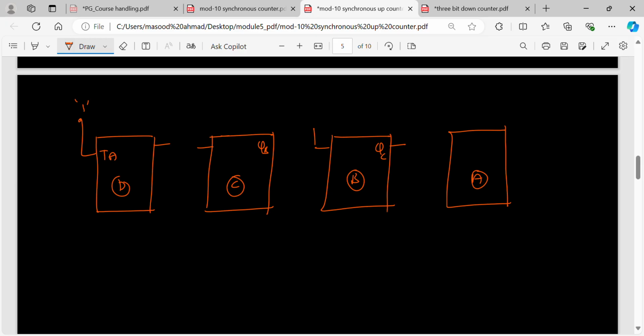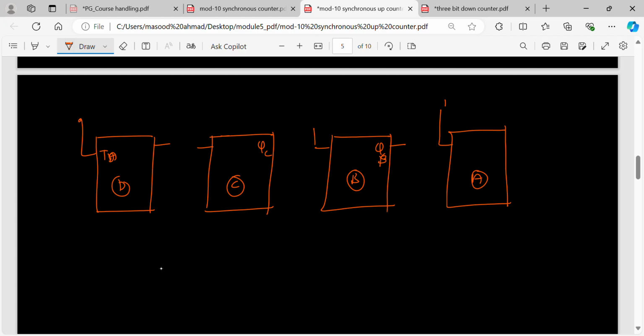This is TD. We have written D here, so it should be D. We have written C here, so it should be C. So we will make it as C. Of course, this is B, and this is A.